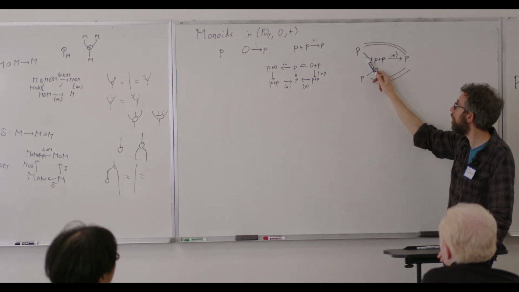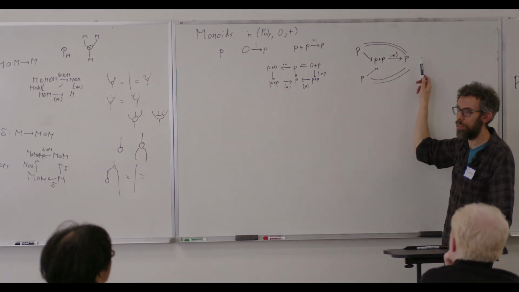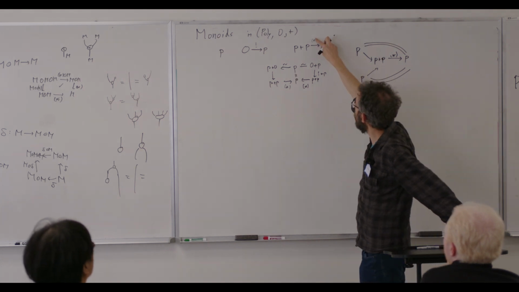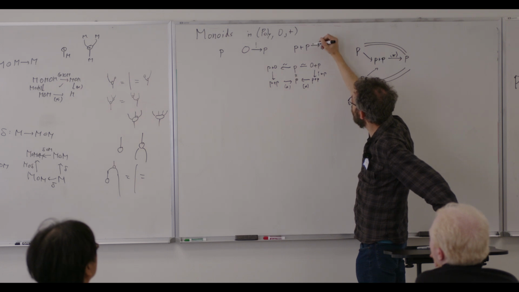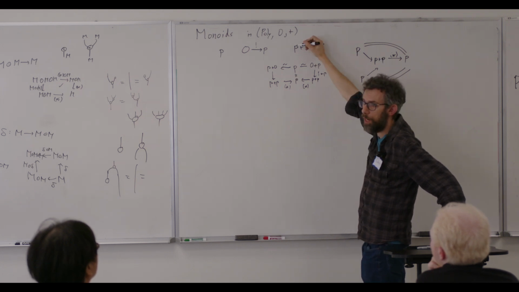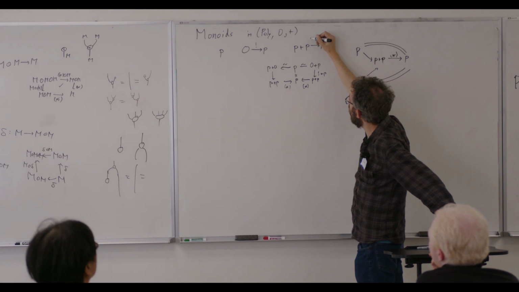There's only one map like this that does this and this. And there's no data on here. It has to send positions of this to themselves and positions of this to themselves and directions back where they started. So this is the fold map, p p, identity on p.